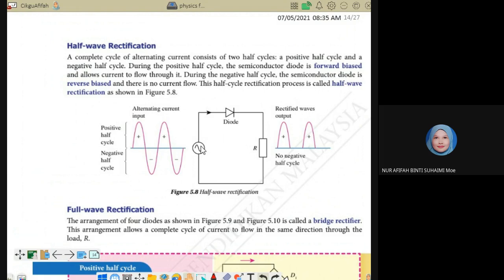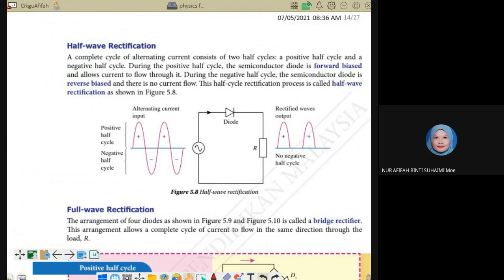So that's why here in rectification we have two types of rectification, either half wave only or full wave rectification. Half wave maksudnya separuh jalan saja. Kalau full wave, in both directions lah, positive and negative both. So we look at half wave rectification. This one, it only uses one diode only.